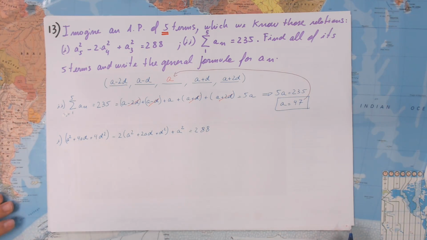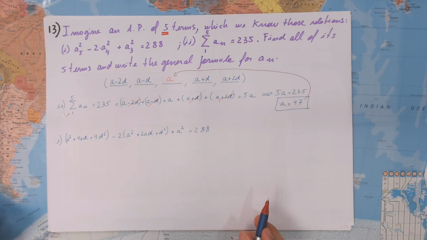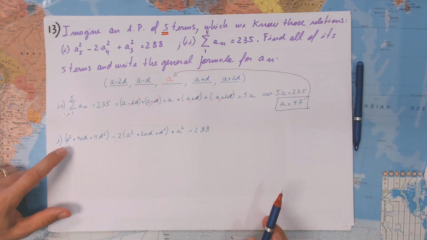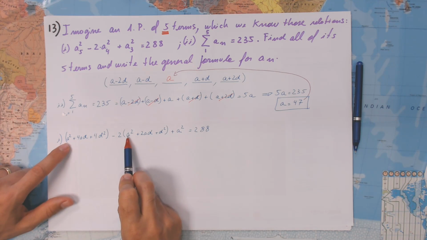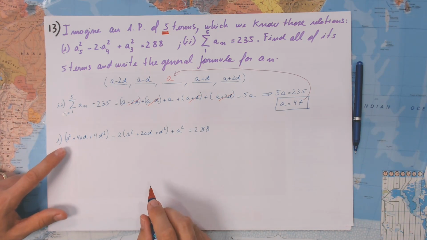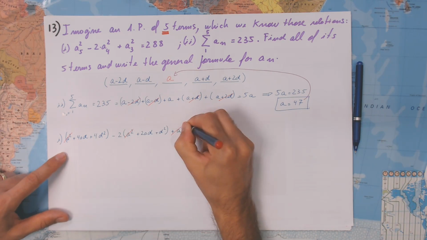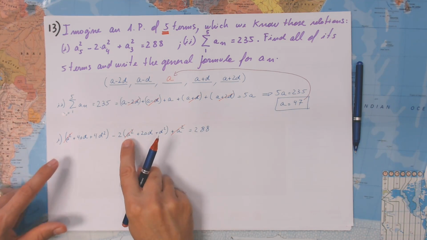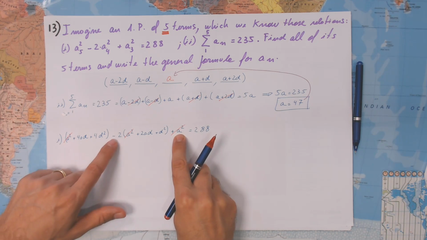Well, let's just simplify a little bit more. Let's see if there is something we can cancel. Well, we have an A squared minus 2A squared. So those are going to cancel. Can you see? Because I have A squared with A squared is 2A squared minus 2A squared.